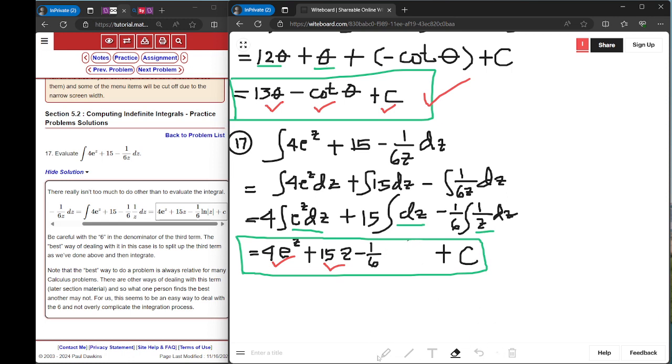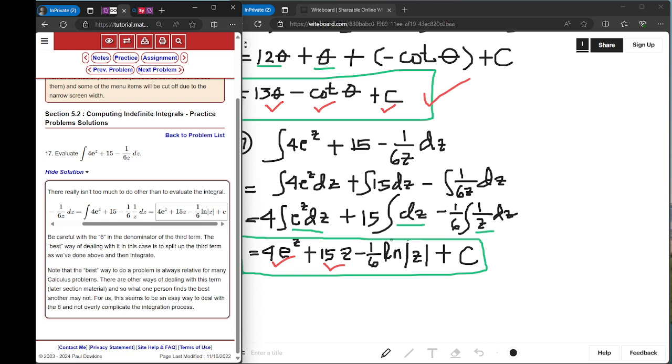I used x. So this should be ln of z, not x. ln of z. Okay, so let me write it correctly. ln of z. So that's our mistake. I used x instead of z.